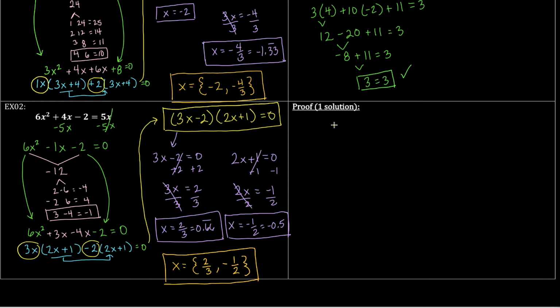Now, once again, we're going to offer some evidence that we're not completely crazy over here. So I'm going to write my original: 6x squared plus 4x minus 2 equals 5x. Let's choose 2 over 3 just to do it.